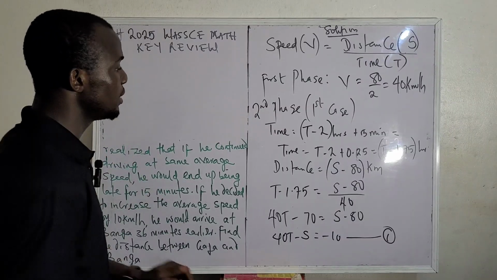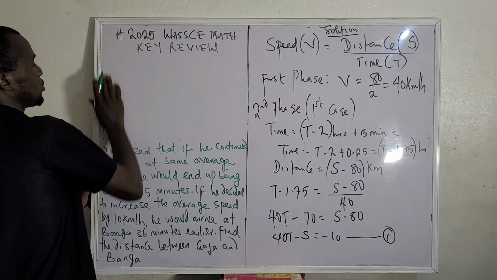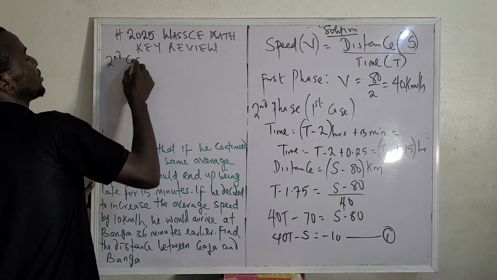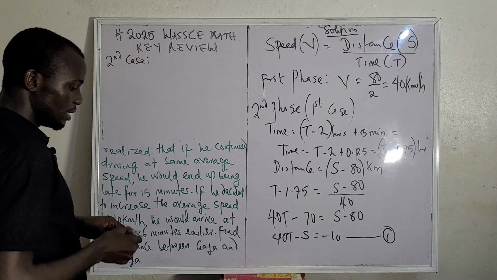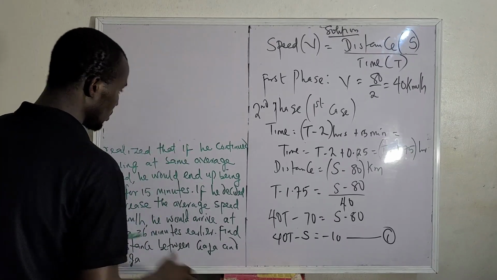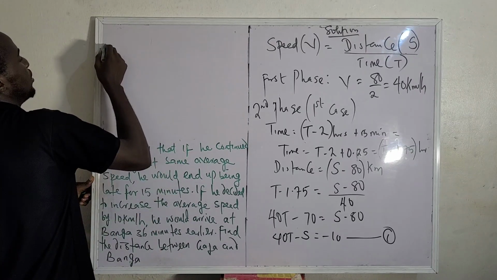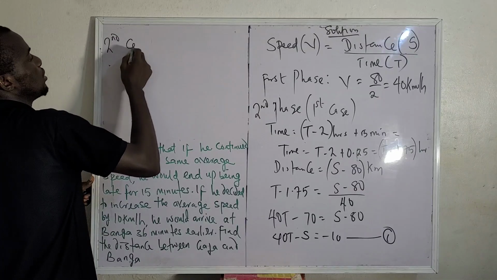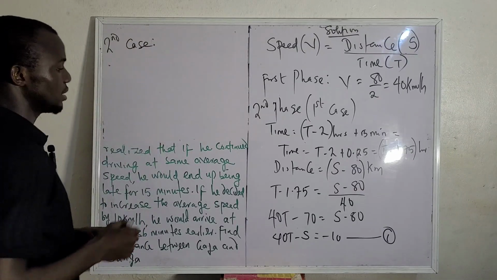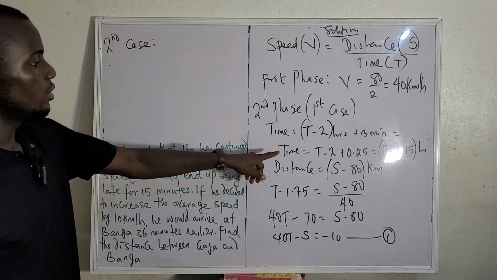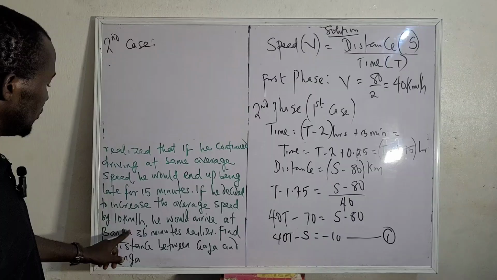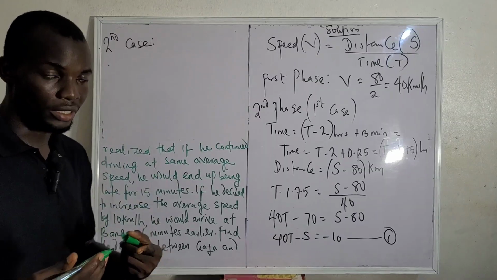Now, the second case, under the second phase, we are looking at the second case. The second case here is the time, they said if he increased the velocity, the speed.